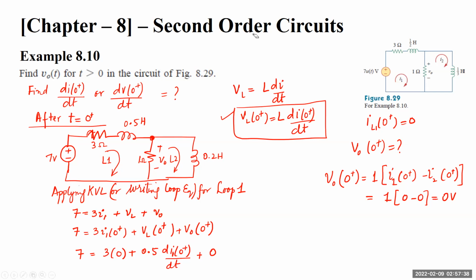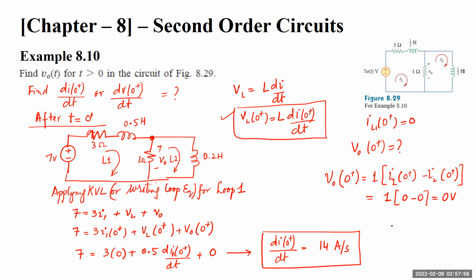This equation gives us the value of di at 0 positive by dt, which becomes 14 amperes per second at time t equals 0 positive.